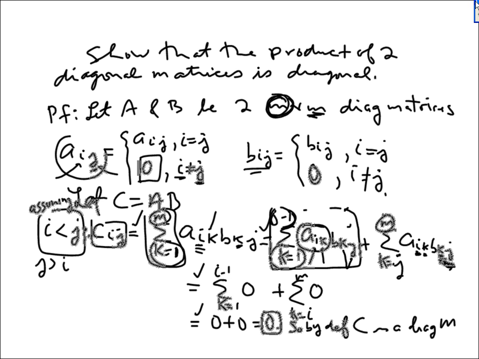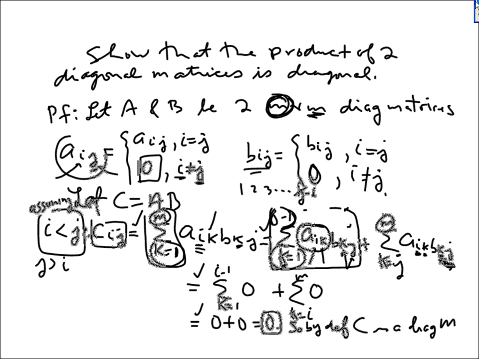These two values will never be the same because k doesn't equal j. k is less than j, because you have 1, 2, 3, up to, sorry, j minus 1.